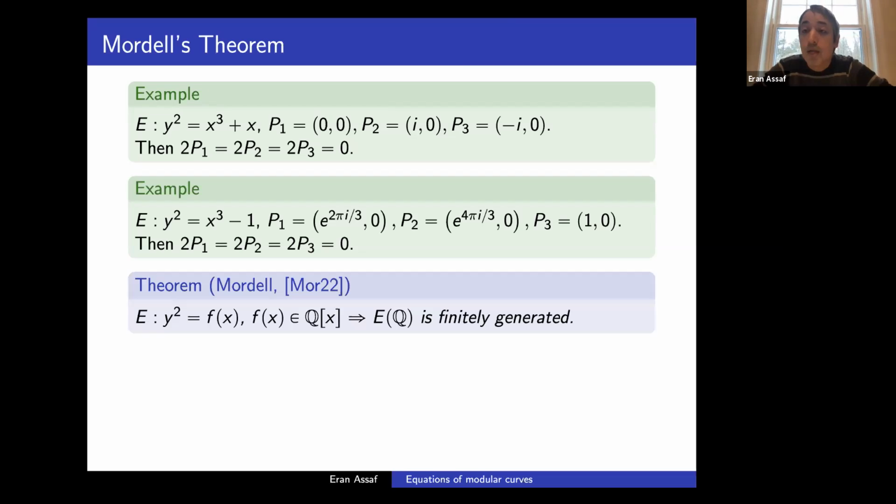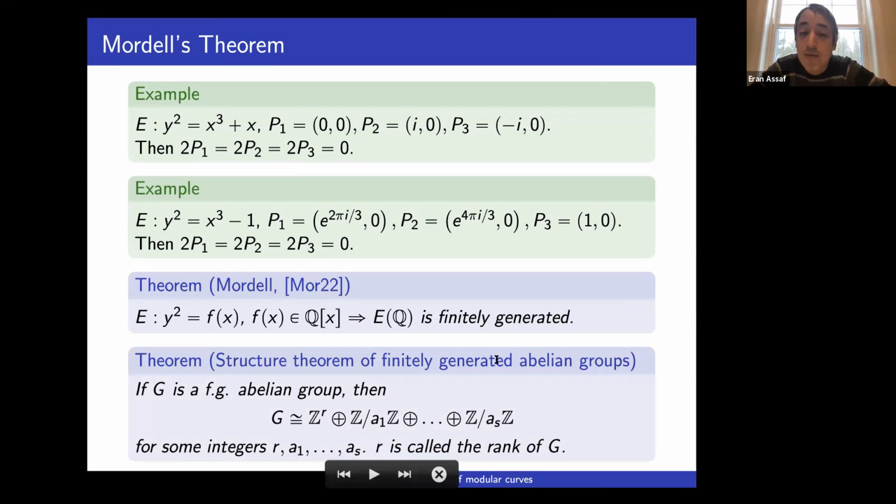Okay, so now that we have an abelian group, the next important result that was obtained for understanding the structure of elliptic curves is that this abelian group is finitely generated. The reason that this is so important is because we really understand very well the structure of finitely generated abelian groups.